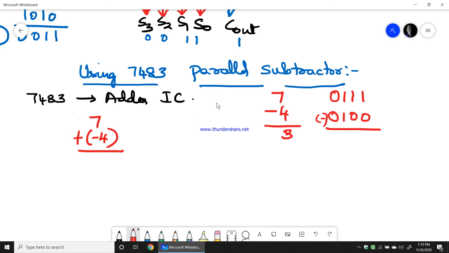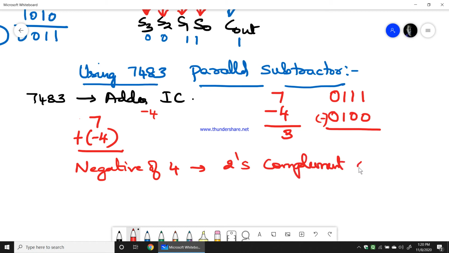Now my job is, if I need to add 7 with minus 4, I don't need just 4, I need minus 4. So how to get minus 4 in a binary representation? How to get a negative number in a binary representation? We get negative of 4 by taking 2's complement of 4.